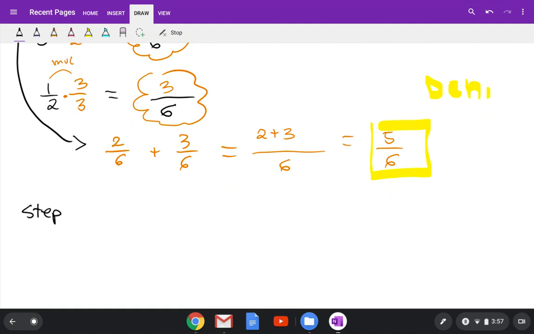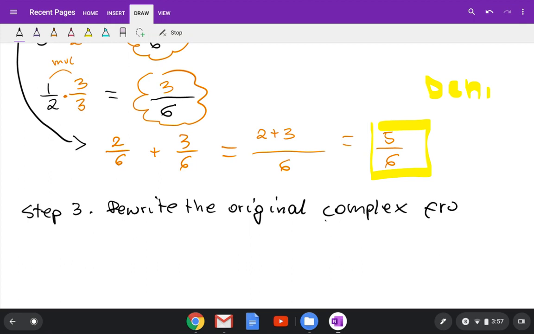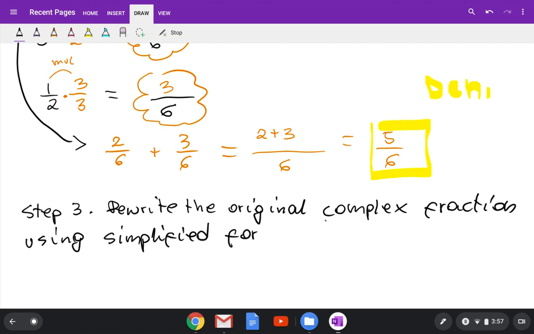When we simplify, we write the original complex fraction using the simplified form of the numerator and denominator.